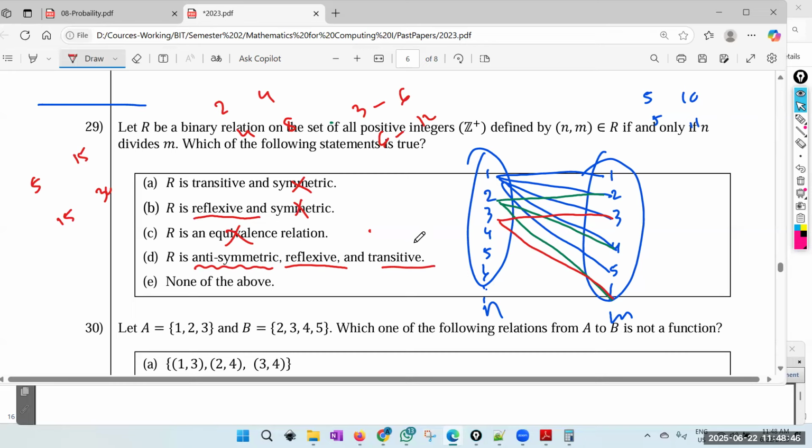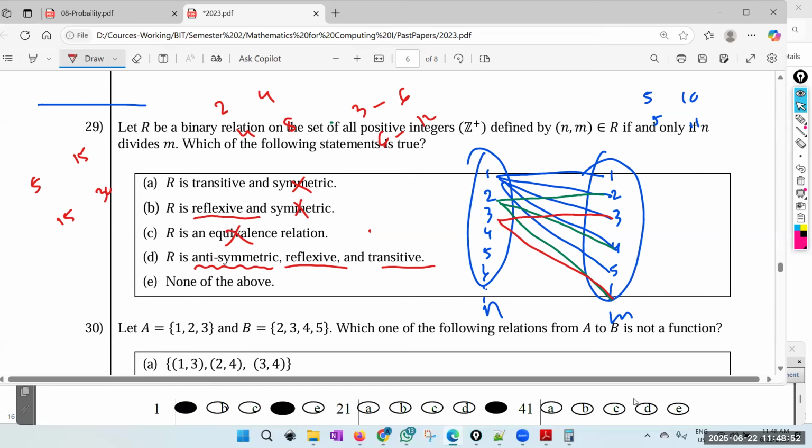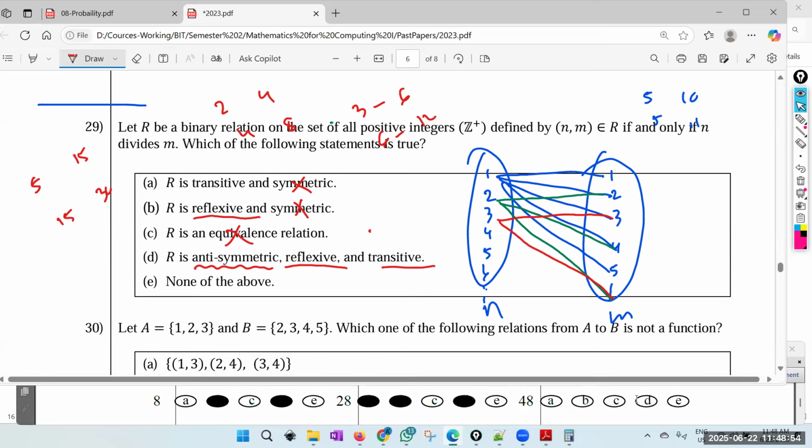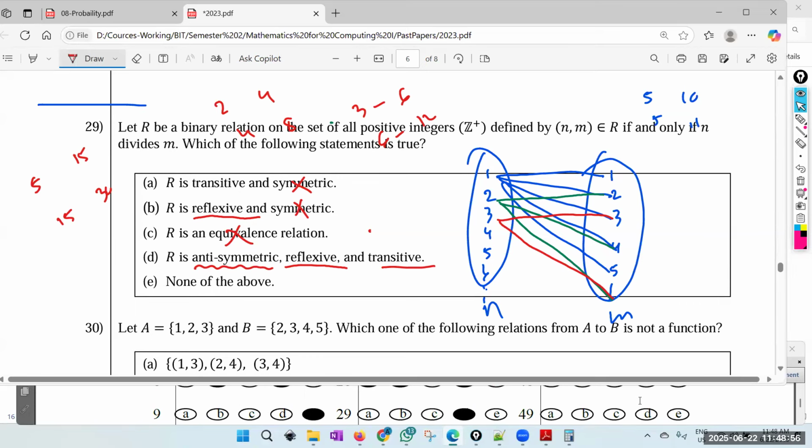For me, it's transitive. So therefore, I'll go for D. Yes, answer is D. Tough one, but you get these kinds of questions almost every year.